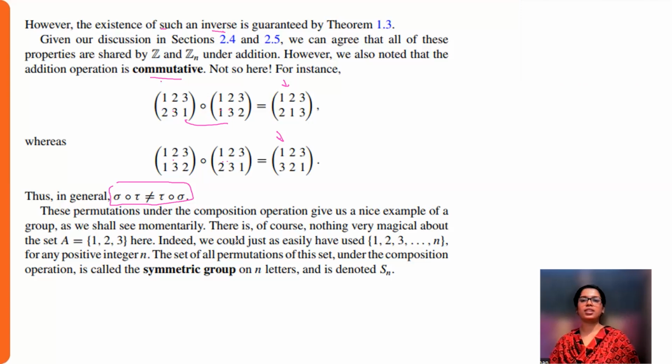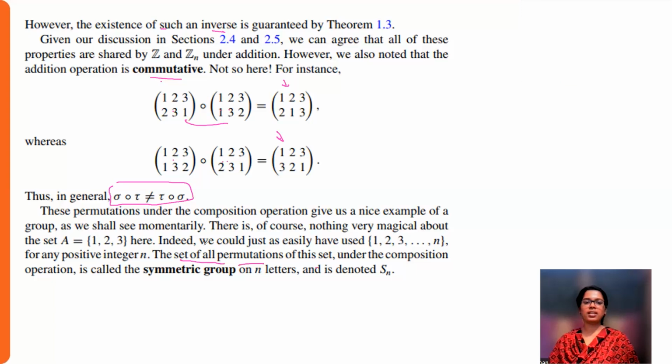So till now, we have seen two groups which are not abelian. The first one we had is GL2R, which we saw previously. And this one is the set of all permutations, and the binary operation we are defining is the composition of permutations. This group has a special name.